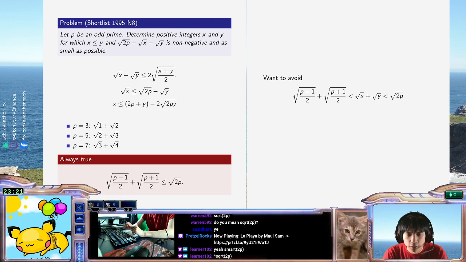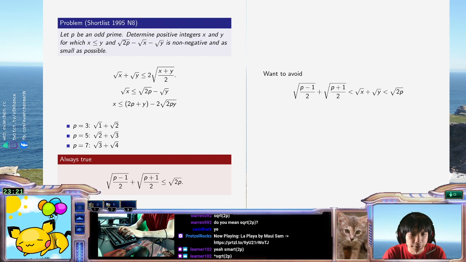Okay, so, do I just square? I feel like I just square at this point, right? I don't know what else is gonna happen if I don't square. So, square both sides.